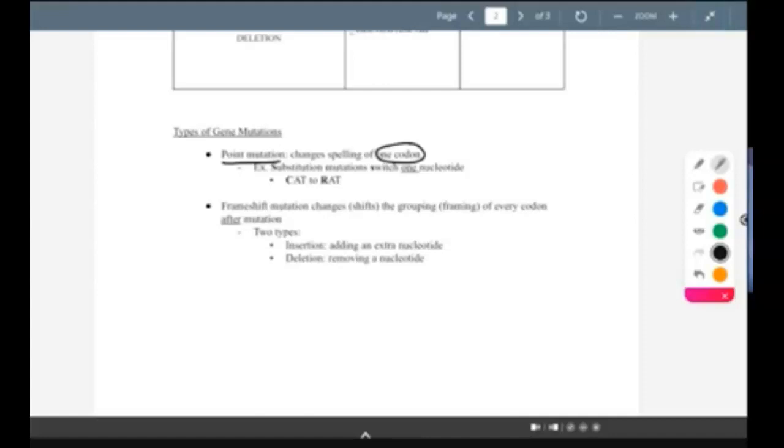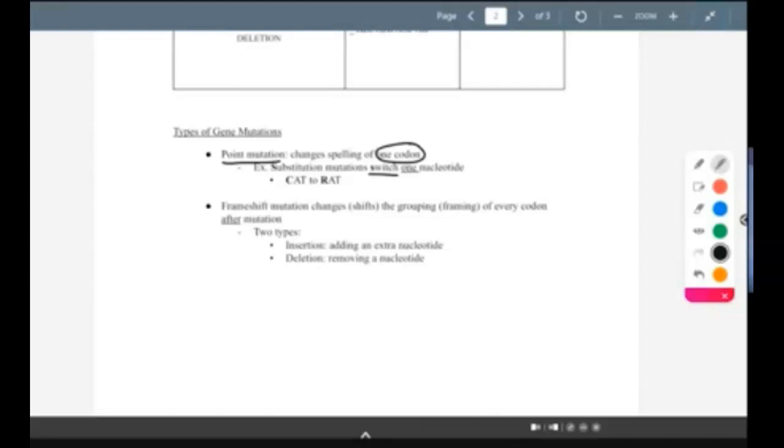And so we still knew something was running and it was going far away, but what was running changed. So one codon gets messed up. And so this one usually happens when there's a switch. Maybe underline the word switch. A C gets switched to a B, or a C gets switched to an R. And so the cat turns into the rat, and it changes the meaning of one word, but the rest of the sentence is intact.